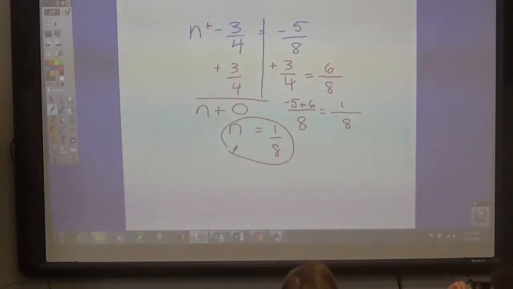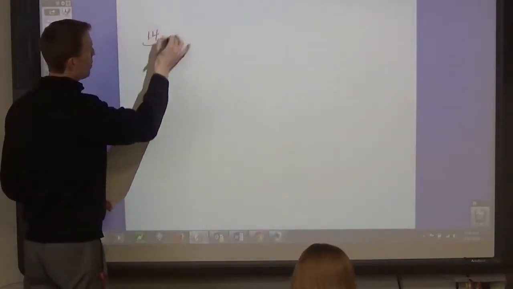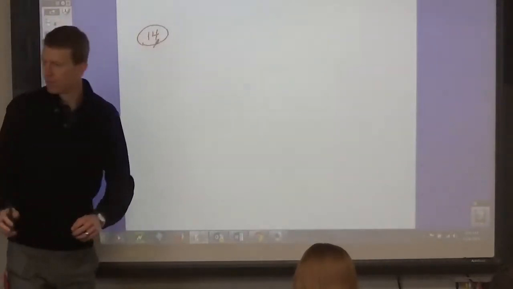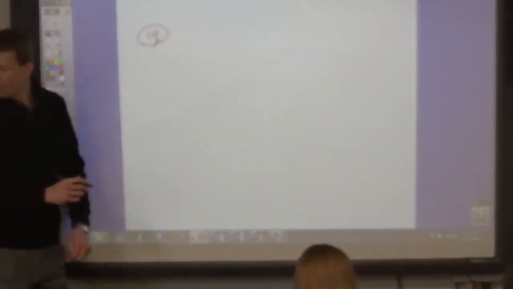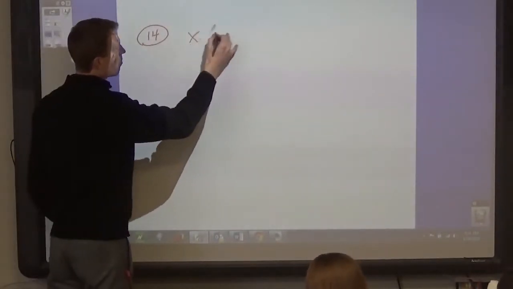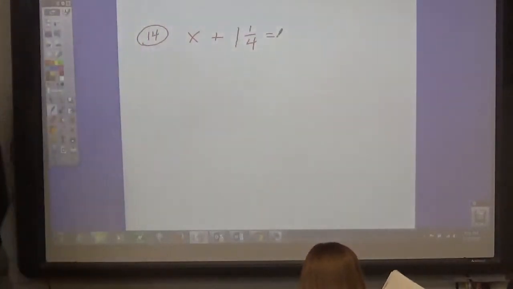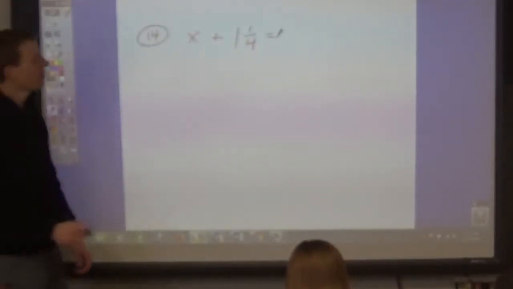What if we're working with fractions, or sorry, mixed numbers? Let's pick one from your assignment. X plus 1 1/4 equals 4 3/4. Number 14. You might want to write this one down. From your assignment, page 270. X plus 1 1/4 equals 4 3/4.